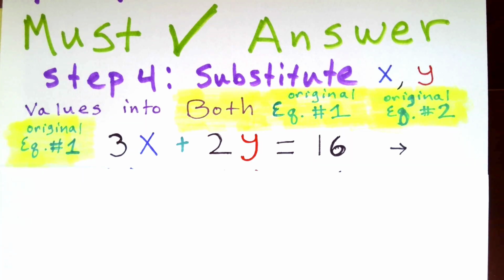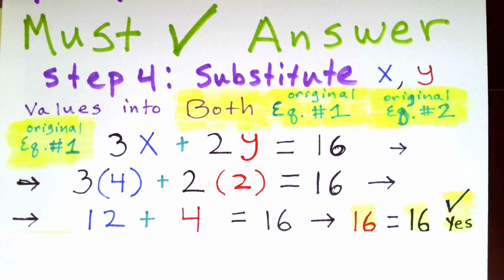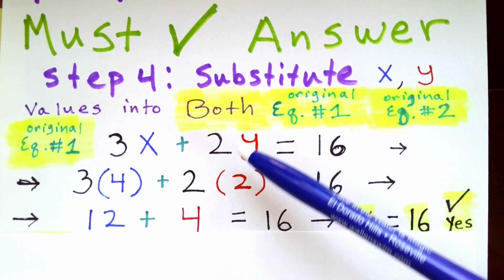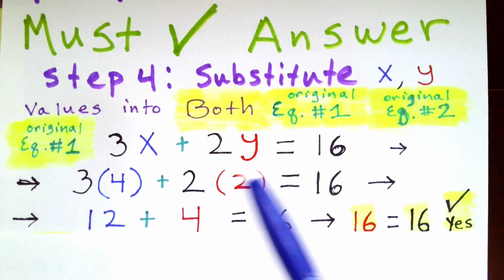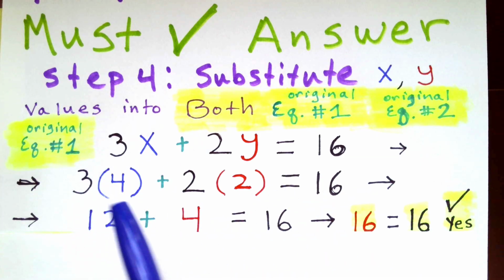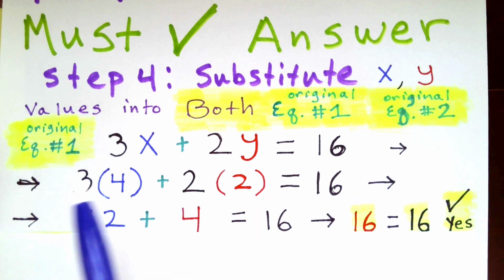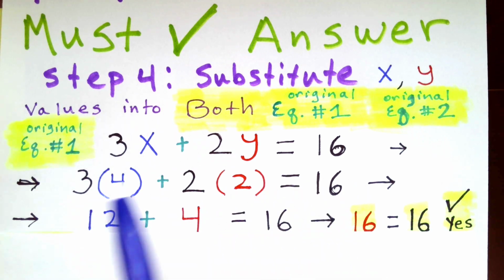What does that look like? Let's check it out. x equals 4, I'm going to substitute a 4 for x. y equals 2, I'm going to substitute a 2 for y. Order of operations: any parentheses? Yes, but there's nothing inside I can do to simplify. Any exponents? No. Can I multiply or divide?